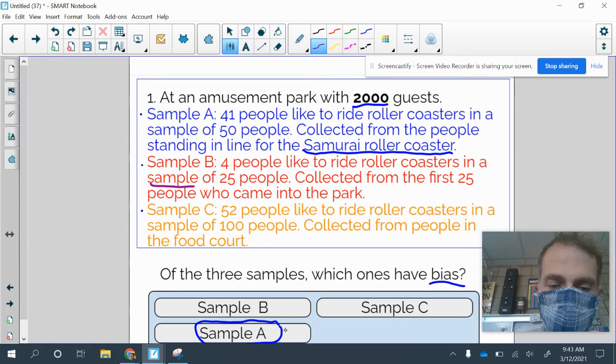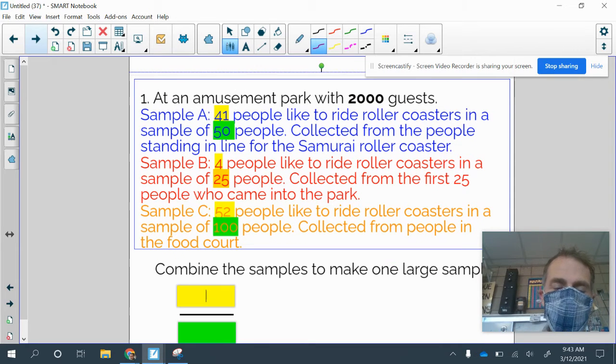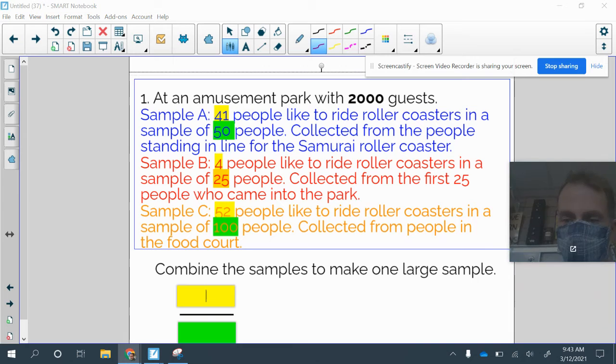But definitely A has the most bias. I'm going to change this to the most bias. Okay, sample A. Awesome.